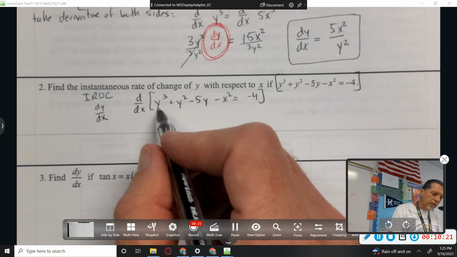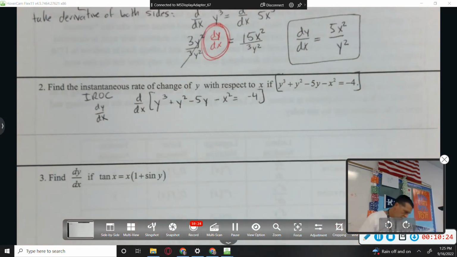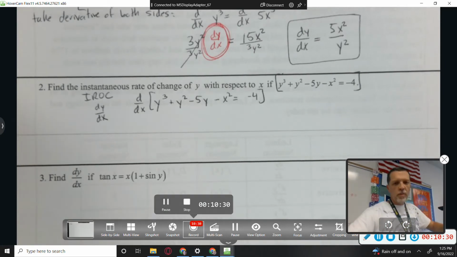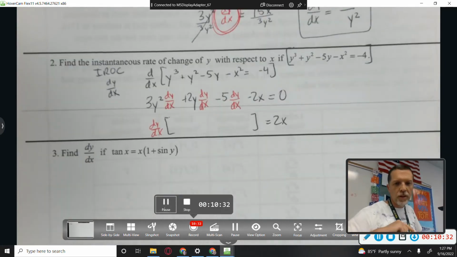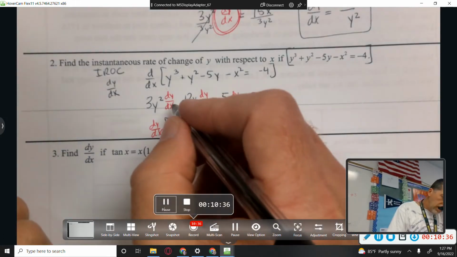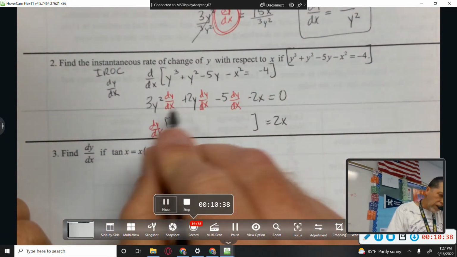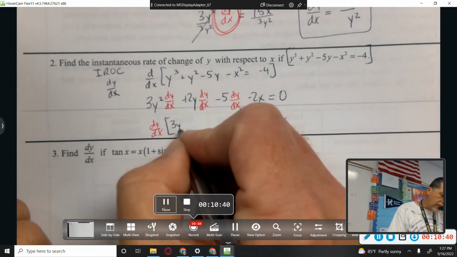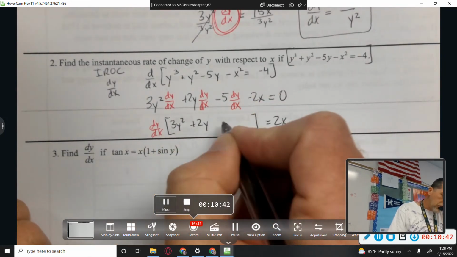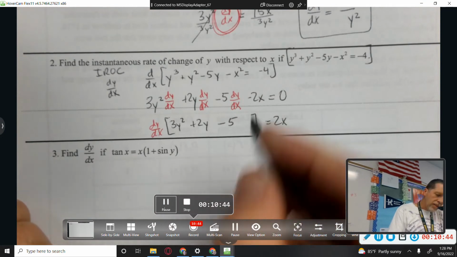So the derivative of y cubed, let's pause. Time to resume. So yeah, I'm factoring out dy dx. So that leaves 3y squared plus 2y minus 5.